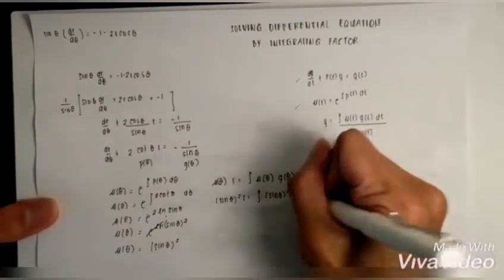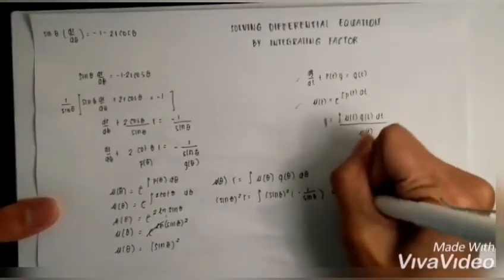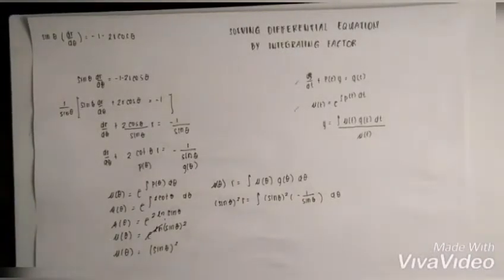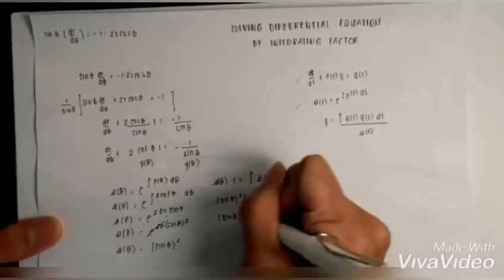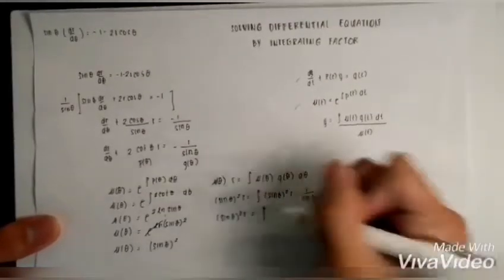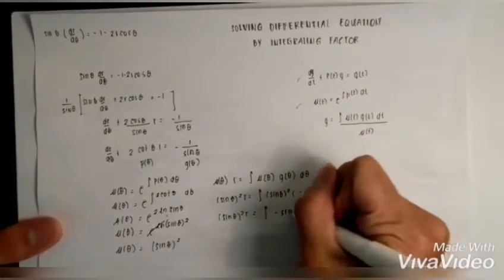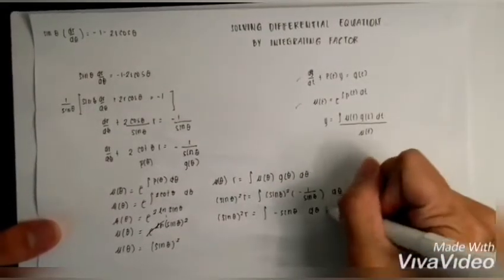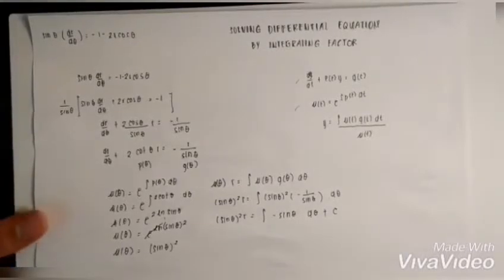We have this negative 1 over sine theta d theta. Okay? So simplifying the equation sa right side, we're going to have sine squared theta r is equal to integral of sine squared divided by sine theta, that is negative sine theta na lang, no? D theta plus some constant c.